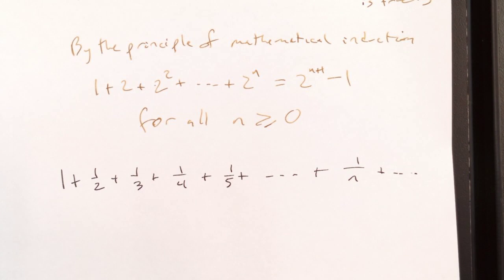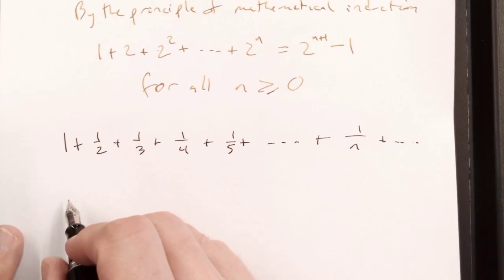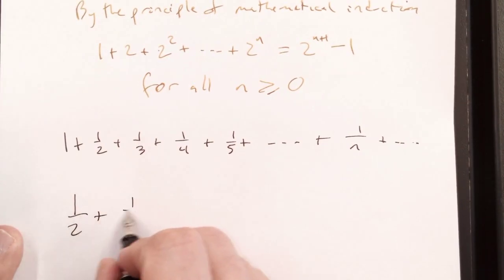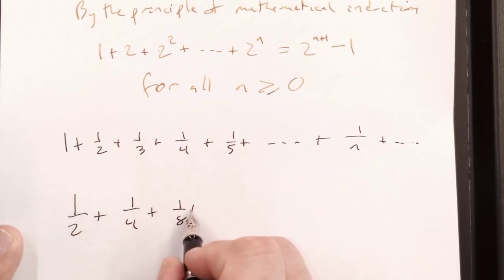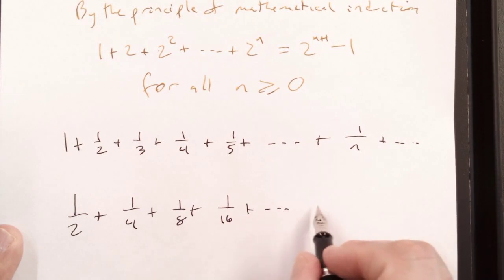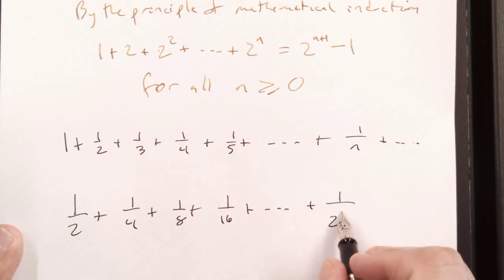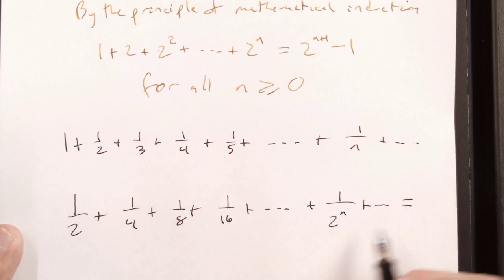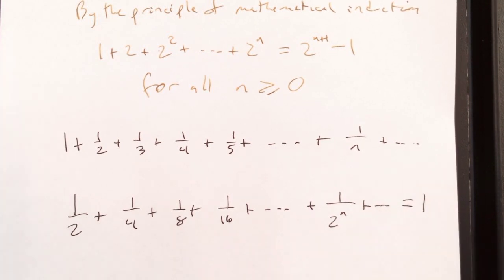Now, there are some series of numbers that you can add up, infinitely many things, and still get a finite number. We did one back in chapter 2. And when we added that all up, we got 1.